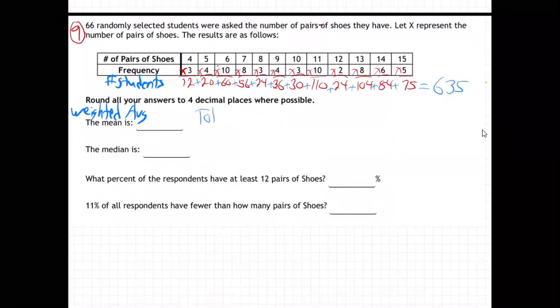You take the total and you divide by the total number of all the frequencies. Divided by, what's the total of all the frequencies? 66. I know that already because there's 66 total students.